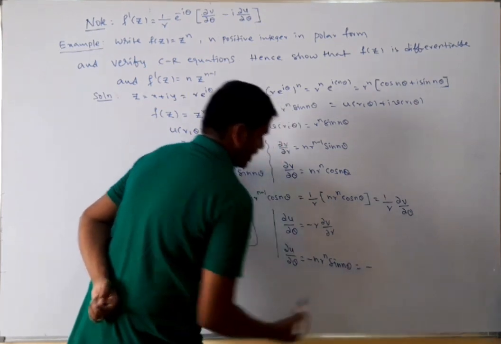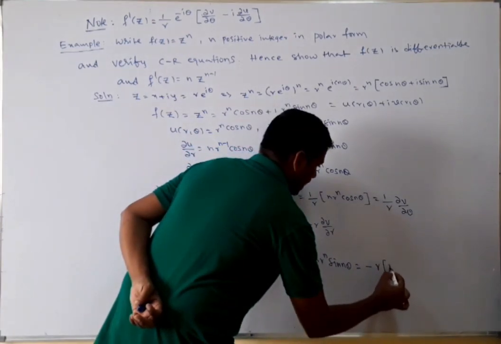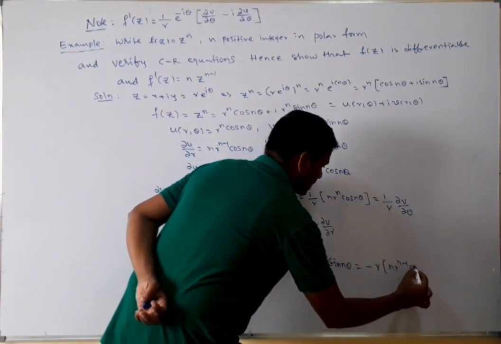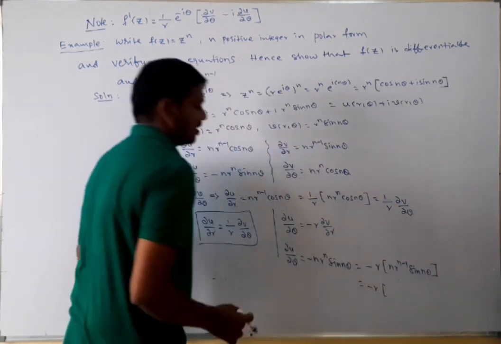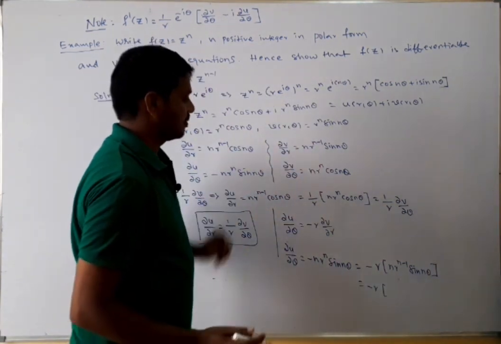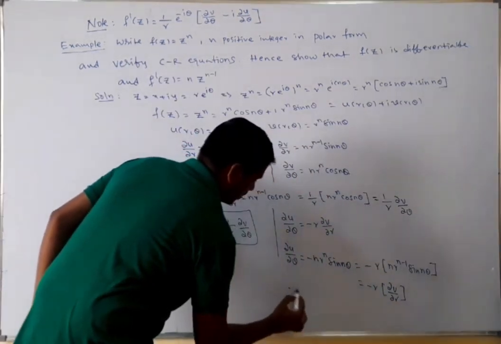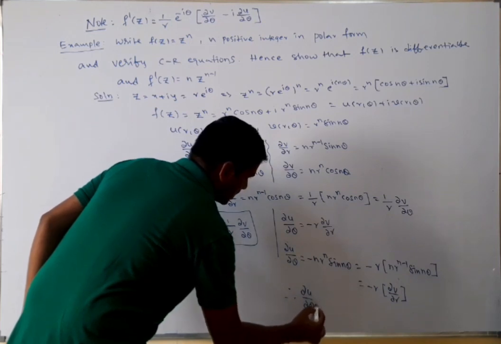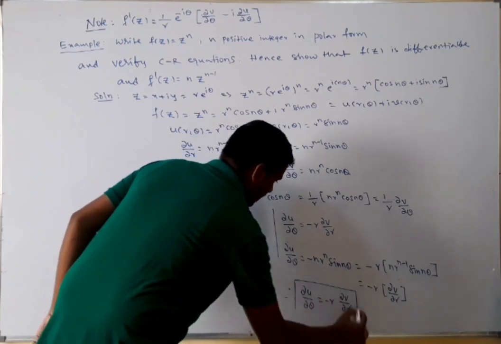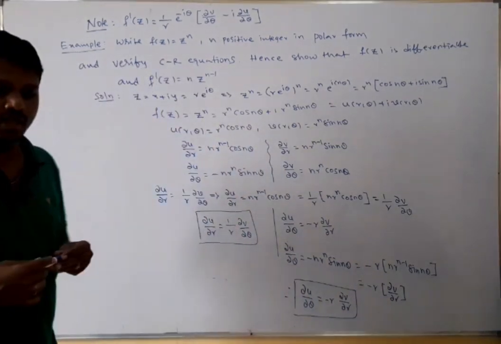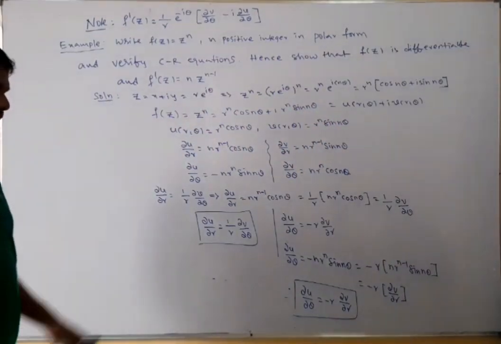This can be written as minus r into n r to the power of n minus 1 sin n theta. Is it clear now? Minus r into n r to the power of n minus 1 sin n theta is nothing but minus r times dou v by dou r. Therefore, dou u by dou theta is equal to minus r dou v by dou r. That means the function f of z equal to z to the power of n satisfies the CR equations in polar coordinates.